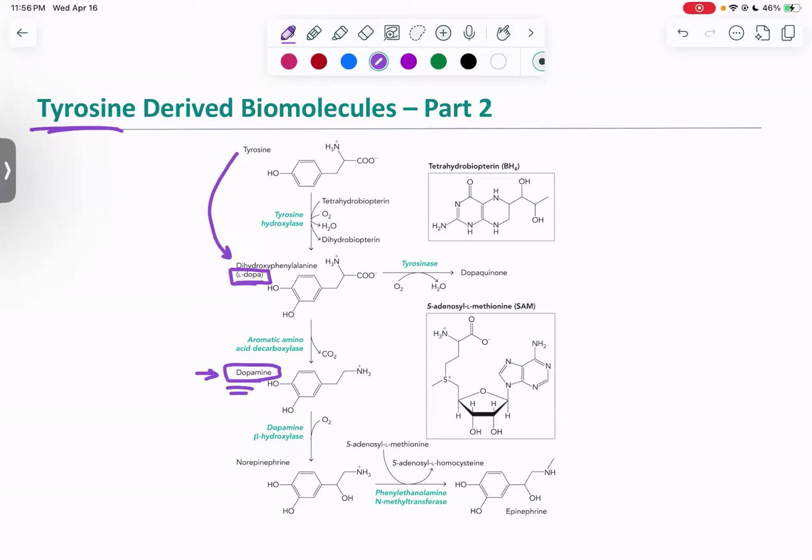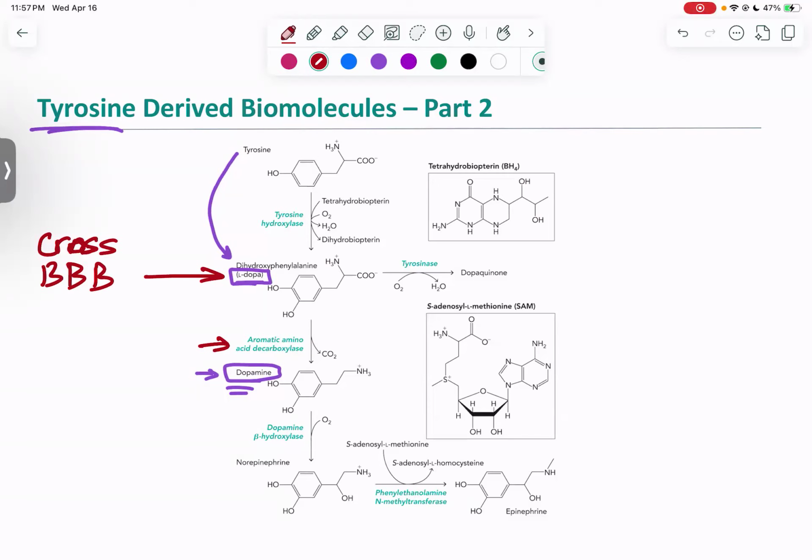And so what we can do as clinicians is, you can't give them more tyrosine because they're missing the enzyme, and you can't give them dopamine directly because if you put it in the bloodstream, it won't cross the blood-brain barrier. But you can give them L-DOPA. L-DOPA will cross the blood-brain barrier. And then once it's internalized, as long as these enzymes are okay, the aromatic amino acid decarboxylase, then they can make their own dopamine.